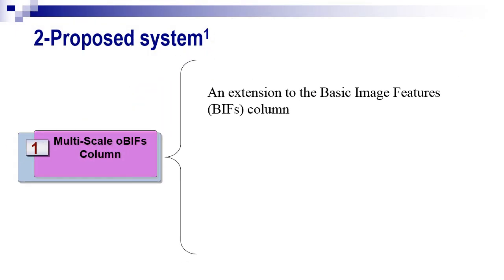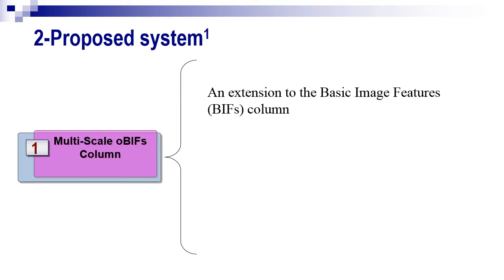In this section, we first introduce new multi-scale oriented basic image features columns to address the limitation of previous OBIFs columns in terms of performance. To increase the performance of the OBIFs columns descriptor, we compute the OBIF image at two or more different scales to provide multi-scale OBIF images.